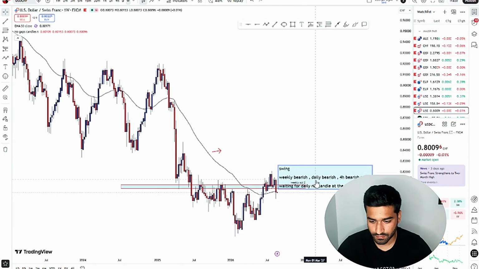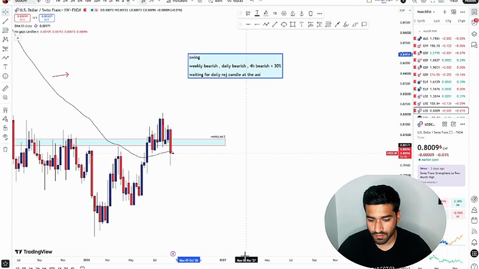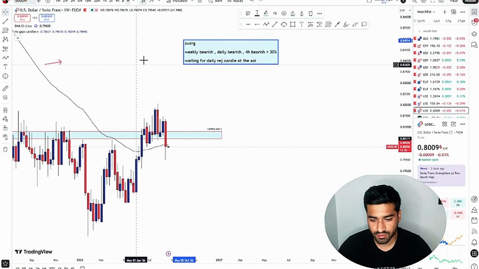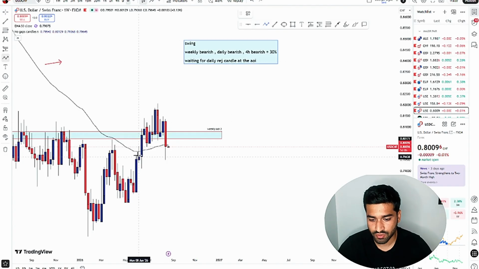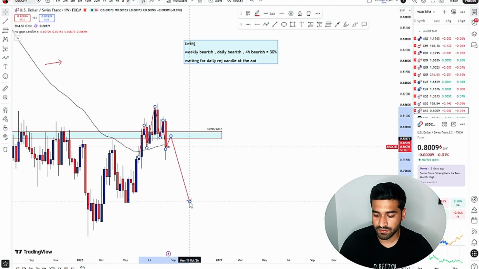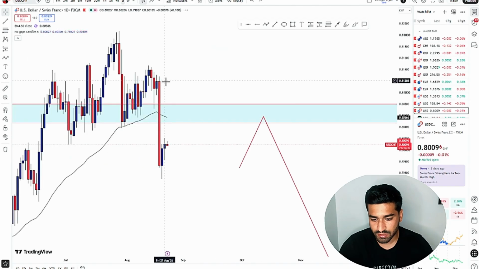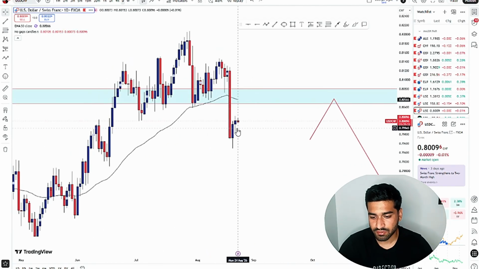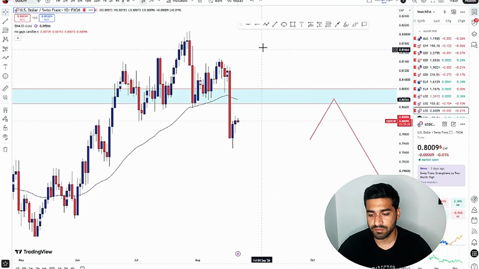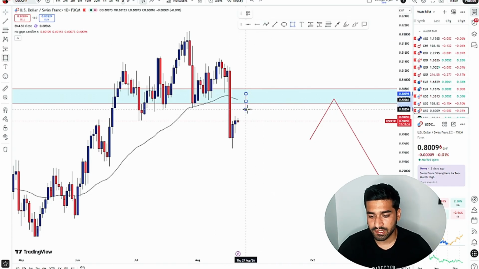USD CHF. The weekly is currently bearish. We have this beautiful head and shoulder pattern. So this is the right shoulder. And I will look for a retest here, a small wick here. If it comes to this area of interest, look for shorts. Yeah, the daily is also really beautiful. I hope it comes until here and gives me some kind of rejection candlestick in the daily.